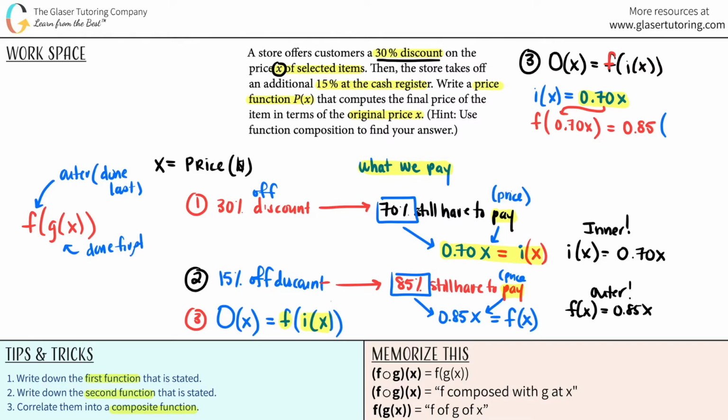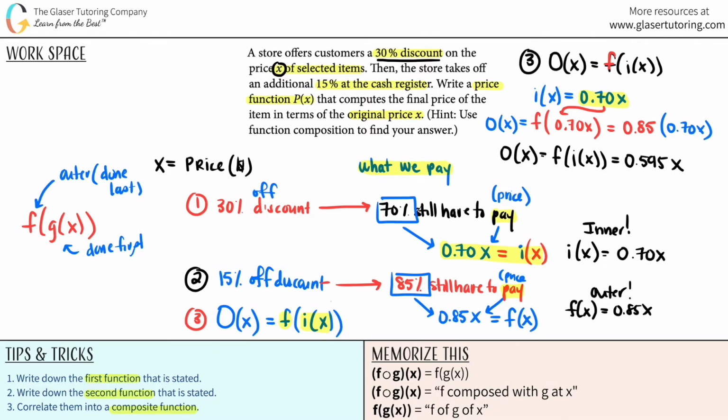So this would be 0.70 times X. And this all equals the overall discount, right? O of X. And then we just solve, right? So I can say O of X is the same thing as F of I of X. And whatever 0.85 times 0.7 is. 0.85 times 0.7 is 0.595 times X.